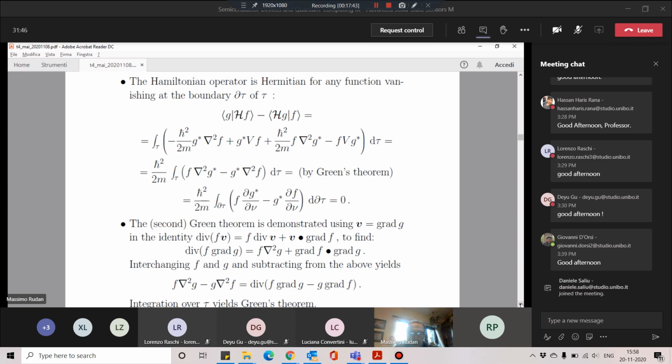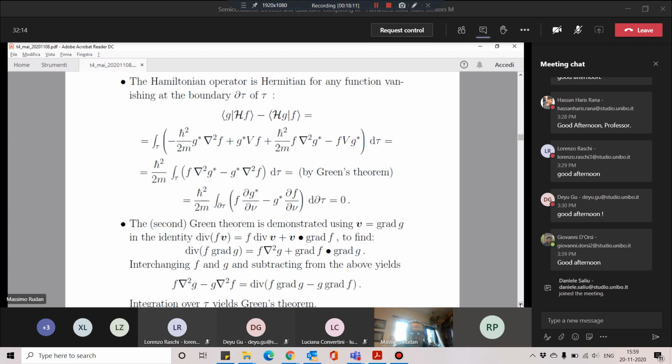There is a manipulation that goes under the name of Green's theorem, or one of the Green theorems, that tells you that we can transform this integral over the volume into an integral over the surface that is the boundary of the volume.